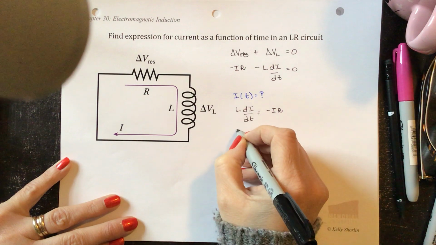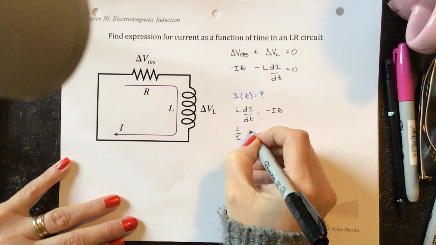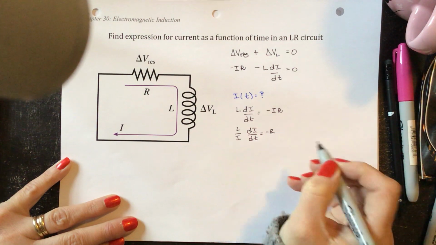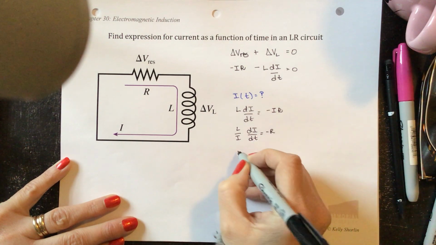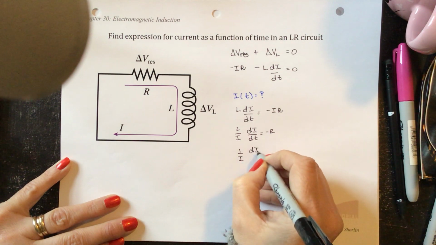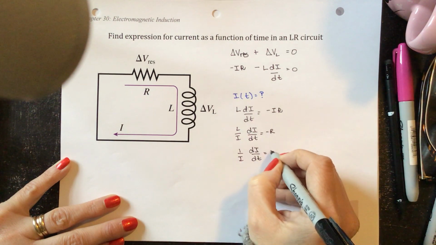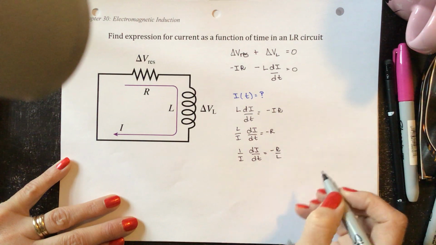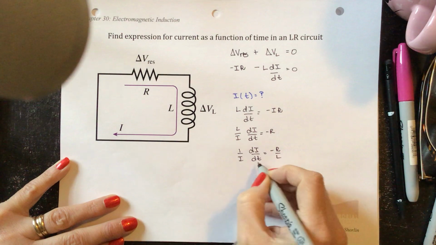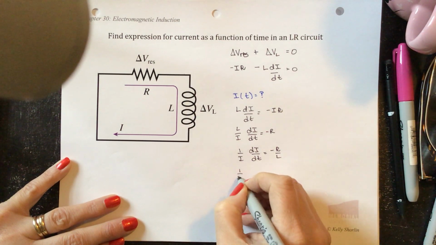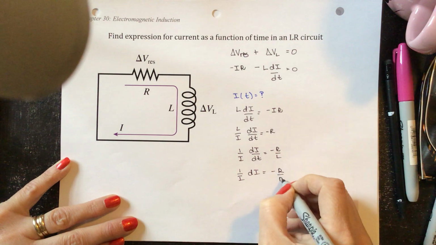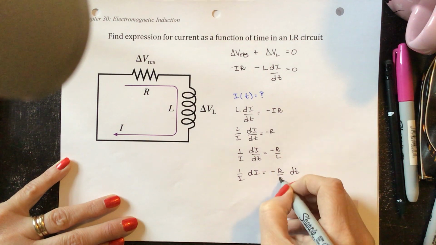Let's divide both sides by I. Now I'm going to divide both sides by L. I suppose I could have done that all in the one step, couldn't I? And now I'm going to bring our dt to the other side. 1 over I dI equals minus R over L dt.